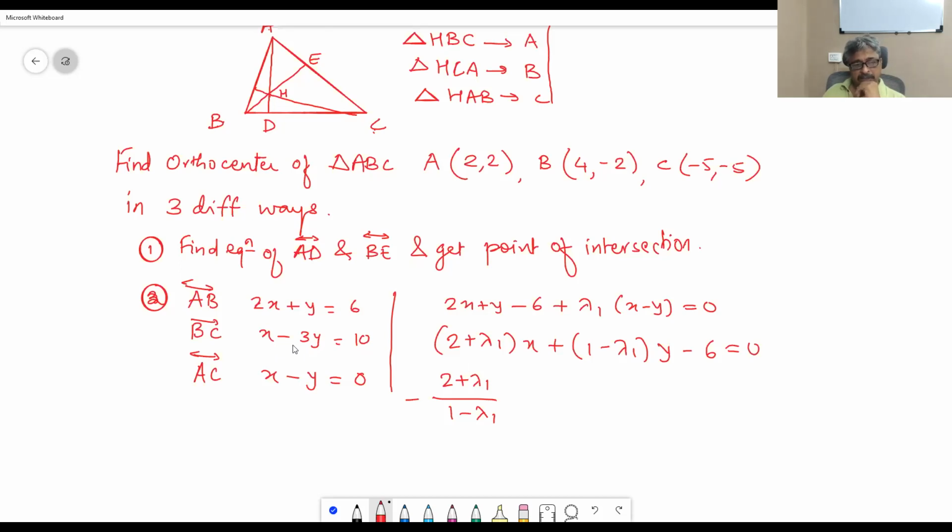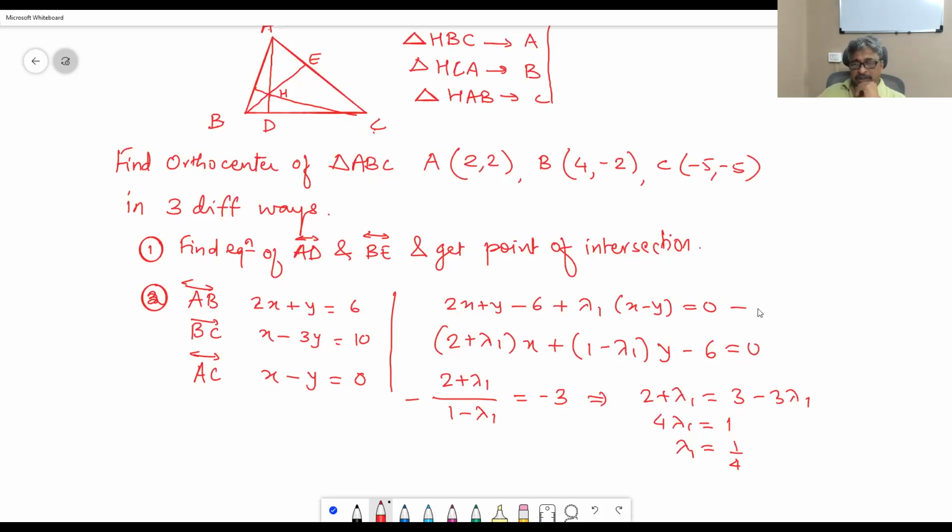So 1 by 3 is the slope of BC, so minus 3 should be the slope of AD. That gives me the value of lambda. 2 plus lambda 1 is equal to 3 minus 3 lambda 1. So 4 lambda 1 is equal to 1. Therefore, lambda 1 is equal to 1 by 4.